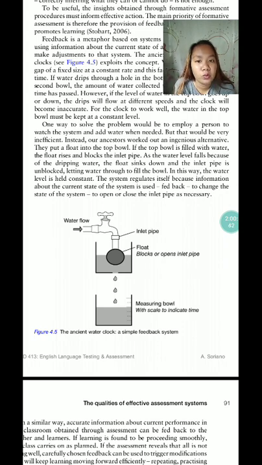As the water level falls because of the dripping water, the float sinks down and the inlet pipe is unblocked, letting water through to fill the bowl. In this way, the water level is kept constant. The system regulates itself because information about the current state of the system is used as feedback to change the state of the system, to open or close the inlet pipe as necessary.